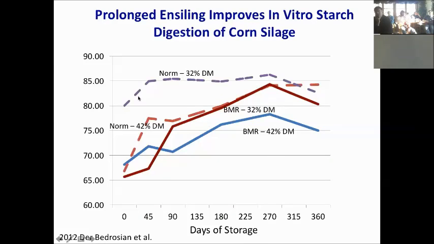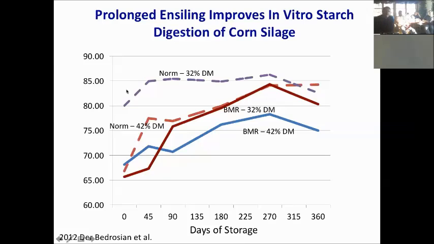If you look at this sample, this is kind of an outlier that was interesting. You can see that this sample started at time 0 with a very high in vitro starch digestibility estimate compared to this set of samples. It increased, but by a smaller amount than these, and it also plateaued earlier than these did.